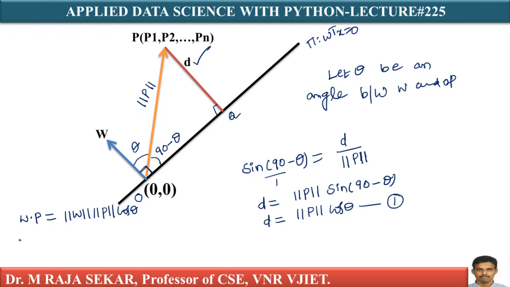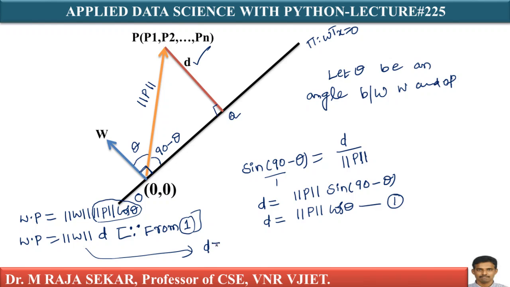That's the definition. In place of norm P into cos theta, I can write norm W into d. How do you know? This is from equation 1, isn't it? Yes, it's from 1. Therefore, my d is equal to W dot P by norm W, isn't it?